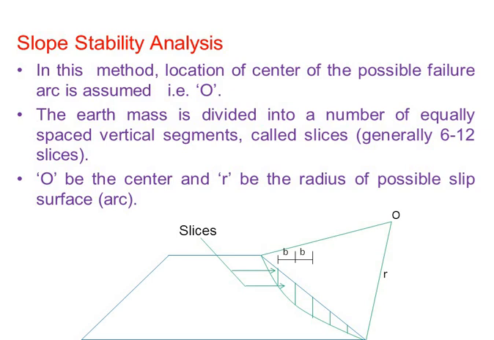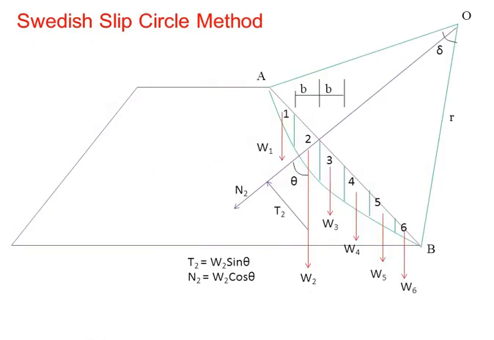For finding the factor of safety, the earth mass in the failure arc is divided into a number of equally spaced vertical segments, which are called slices. These slices are in general 6 to 12 in number. Let R be the radius of the arc and B the width of each segment.